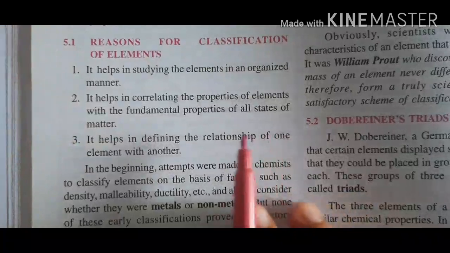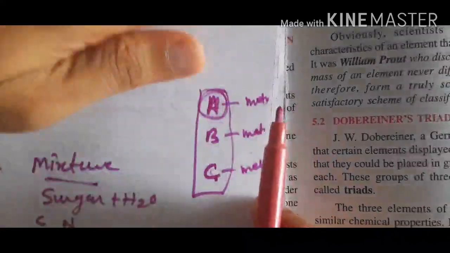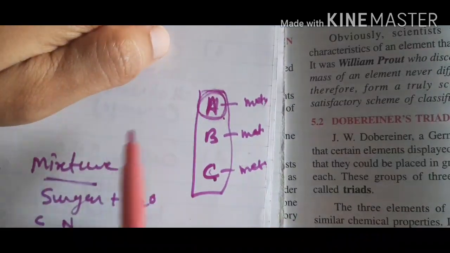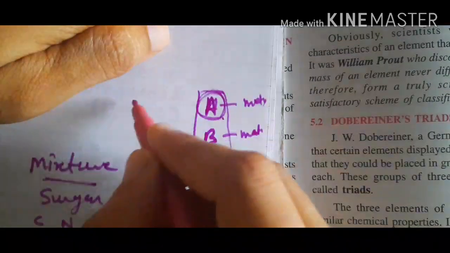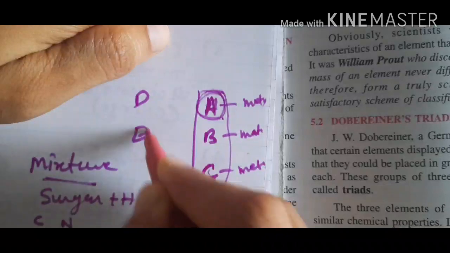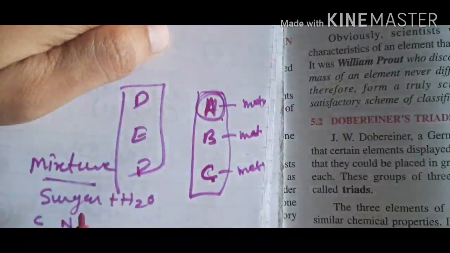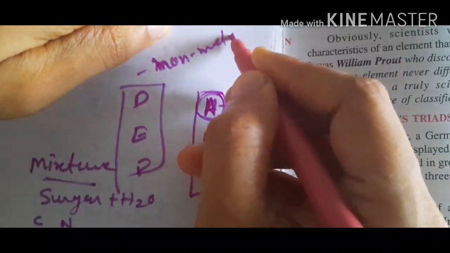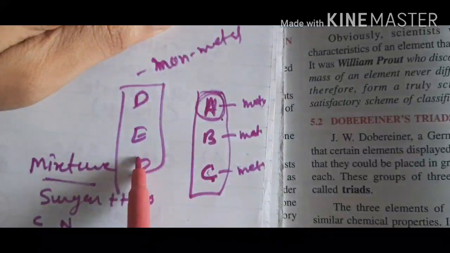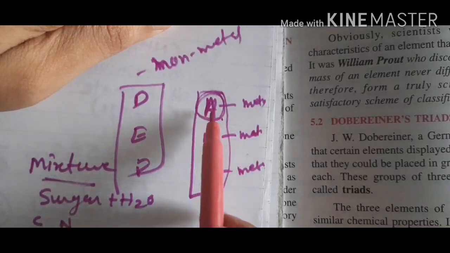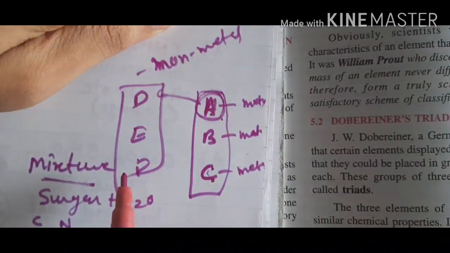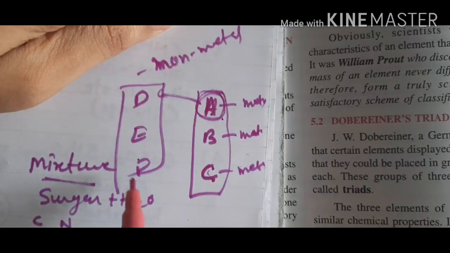This group is metal, and another group, suppose non-metal, D, E, F, this group is a non-metal group, right? So this is the metal group and this one is the non-metal group. So we can see that A can correlate with D and make a substance, right?